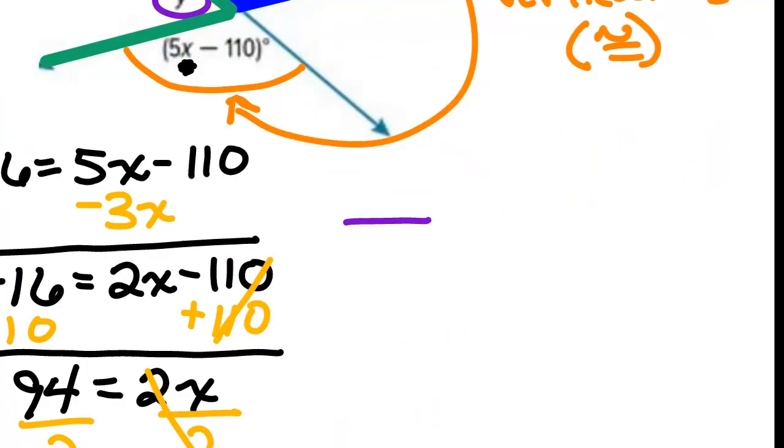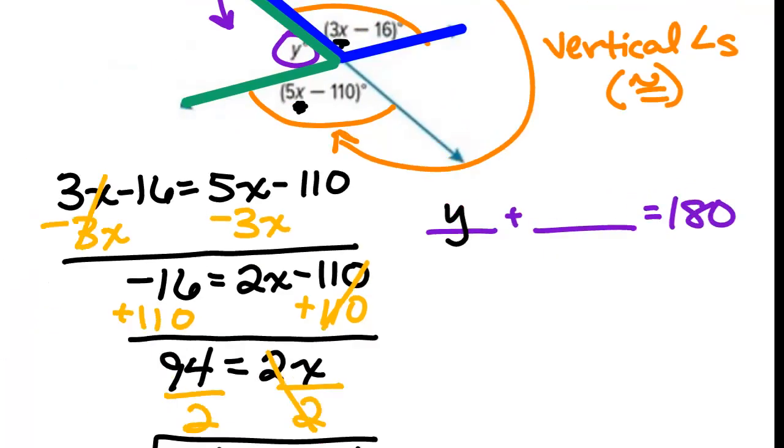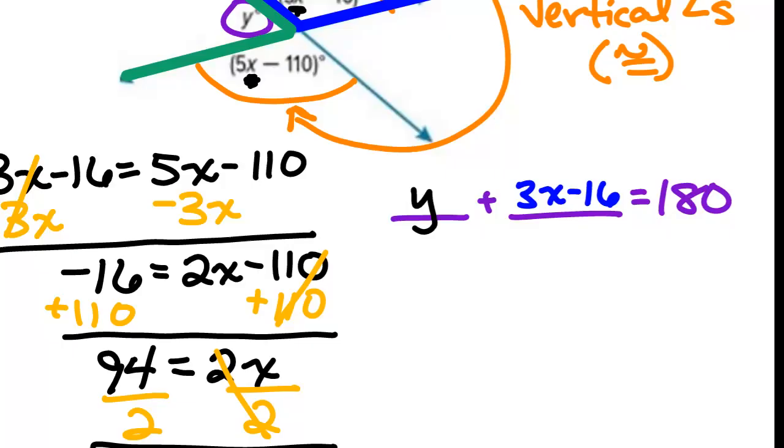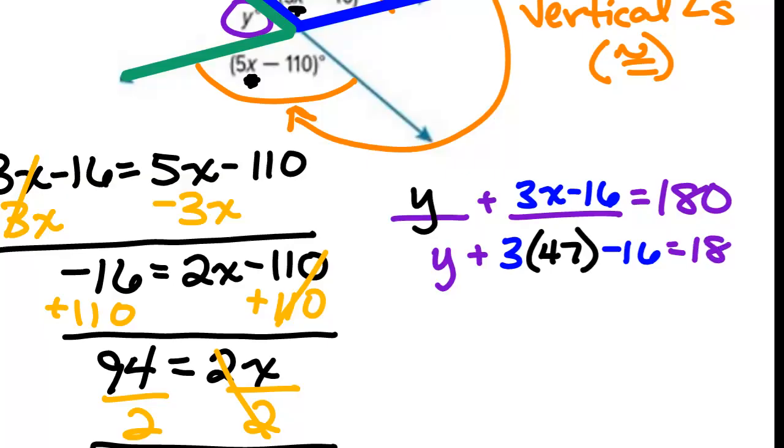So I'm going to take two things, add them up to 180. One of those things is y, and one of those things is 3x minus 16. So I have y plus 3 times, we just found out that x is 47, minus 16 equals 180.